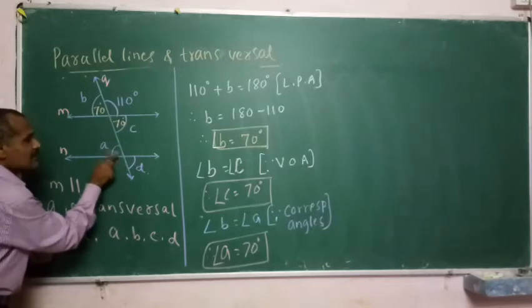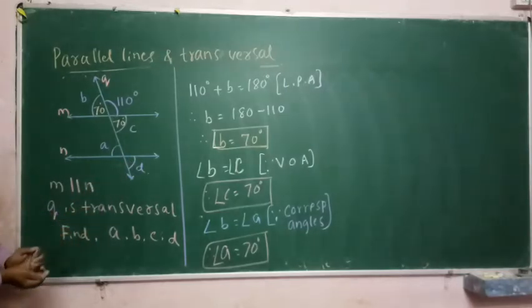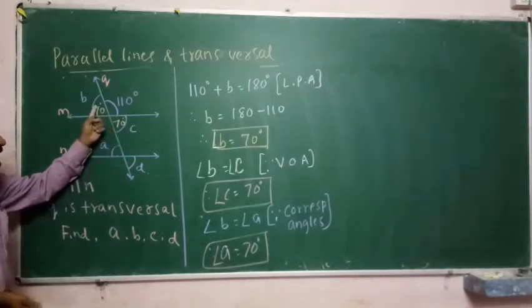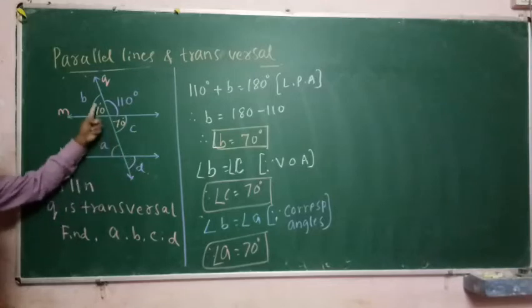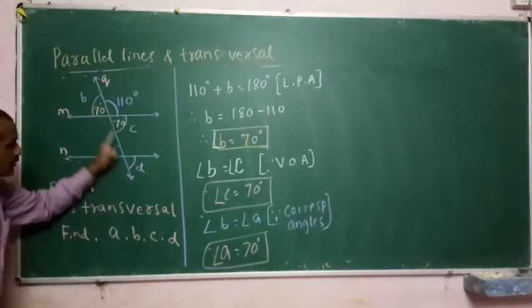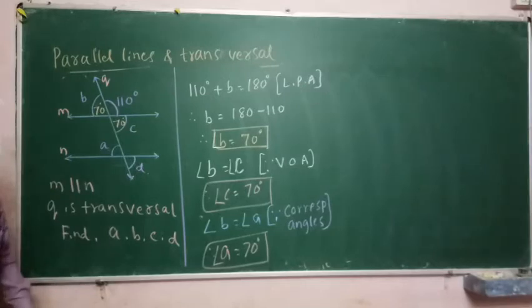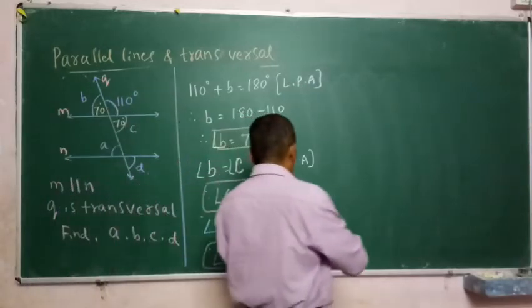I can take these two also. They are called vertically opposite angles. So you can take these two also. They are called alternate exterior angles. They are also equal to each other. When this is 70, this is also 70. Either from here or from here or from here, anywhere you can take, you are getting the same answer. I will write next.